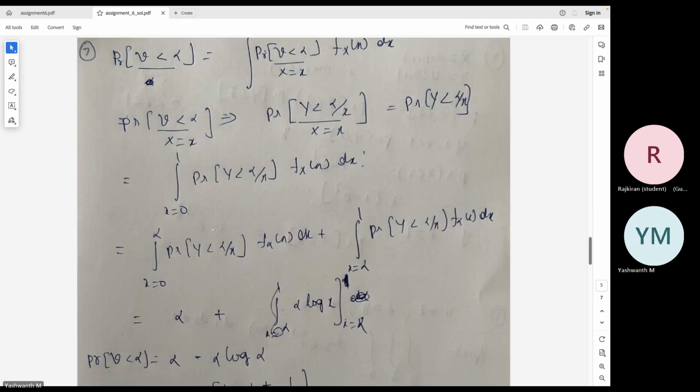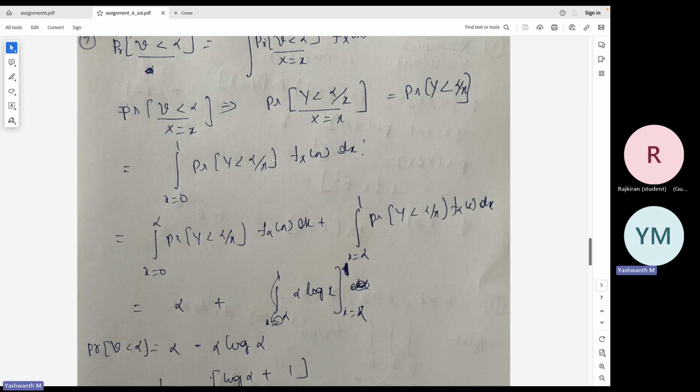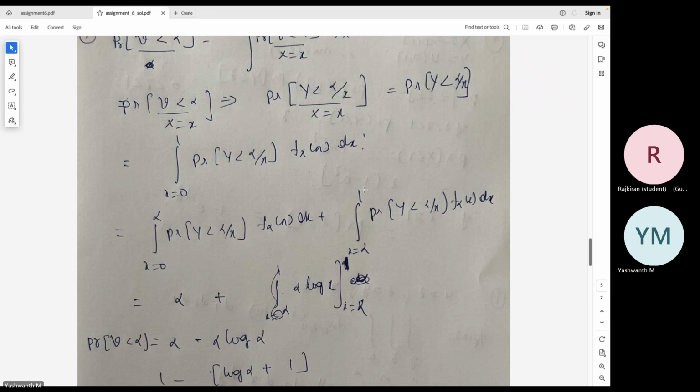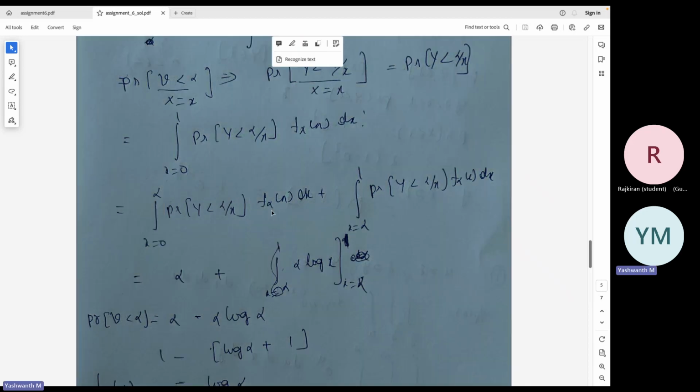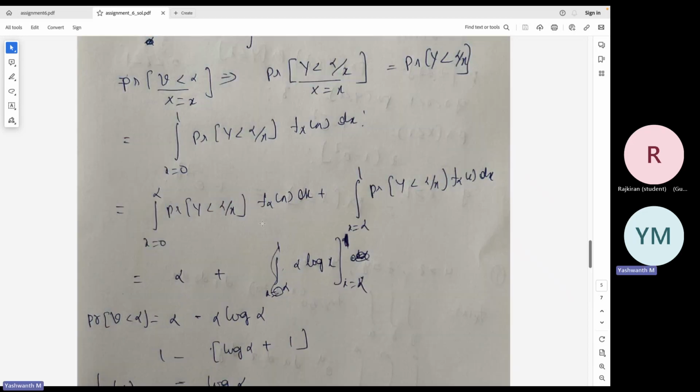That's why we want to split at the point alpha, and X goes from 0 to alpha and alpha to 1. From 0 to alpha this value is 1, and f of X is uniform from 0 to 1, that is also 1. So it is alpha here, the first integral.